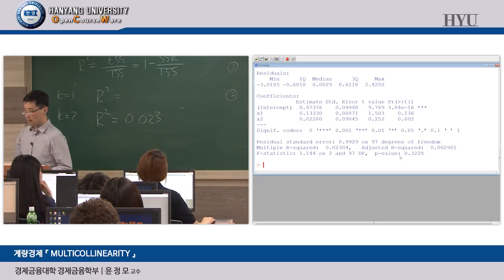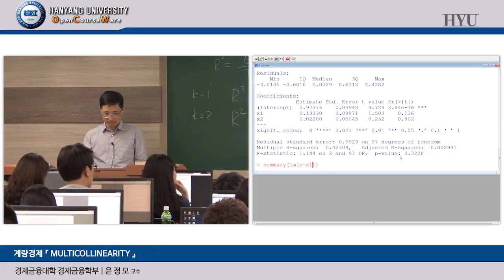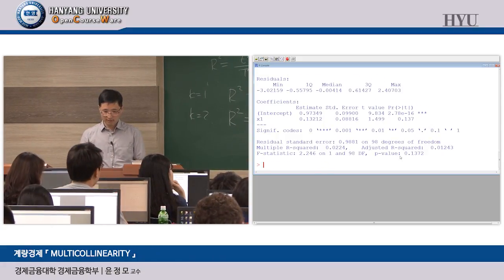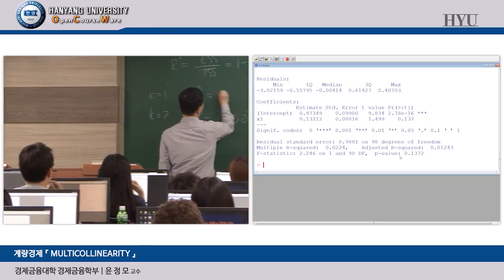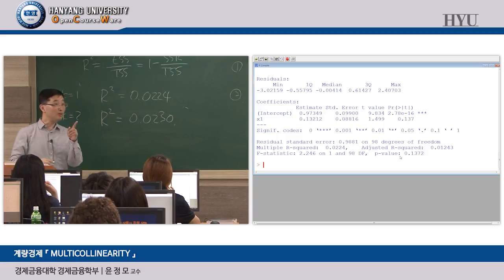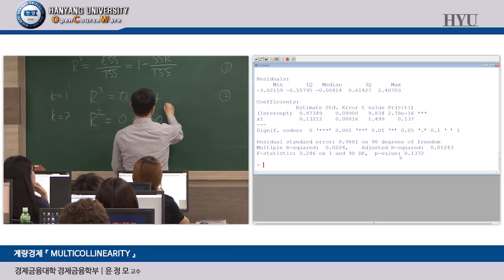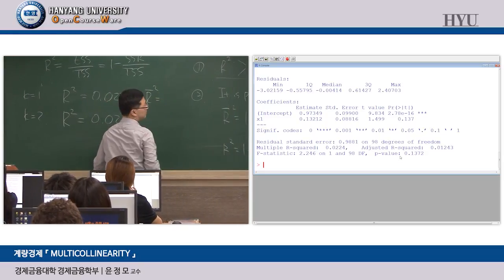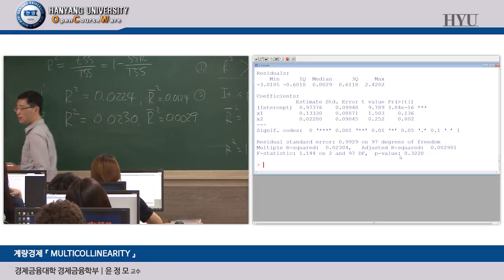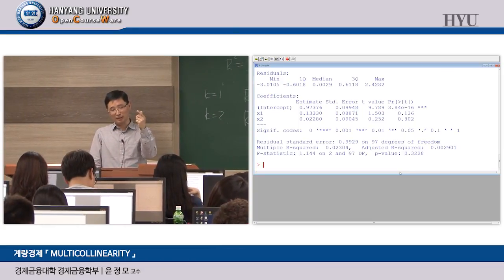And before, what was the R squared? 0.224. So it goes up, although very slightly. What happened to the adjusted R squared? So the adjusted R squared actually went down, right? So x2 is really useless to predict y, but R squared goes up a little bit, not too much.